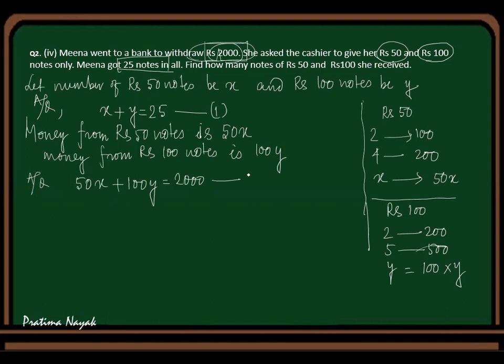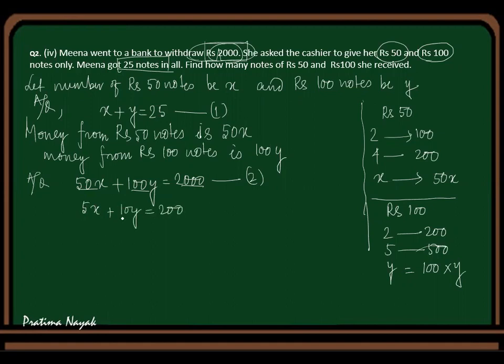Now I am giving you a trick to simplify this. Divide throughout by 50 because each number is divisible by 50. Or first you can cancel the zeros. You'll get 5x plus 10y is equal to 200.